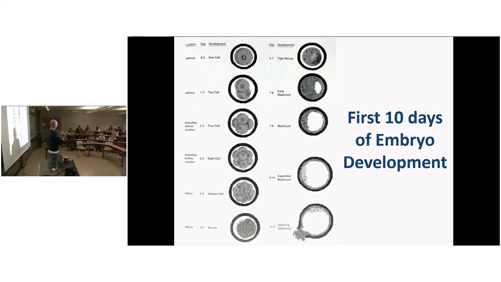And then they go into, and this is actually pretty similar in all species, this pack of cells. Eventually this pack of cells becomes very tight, very concentrated into a hard ball.